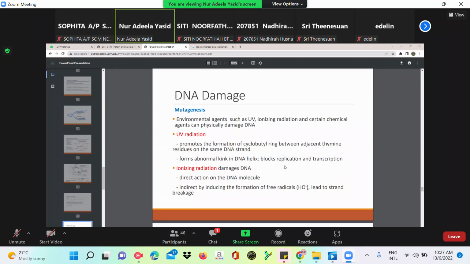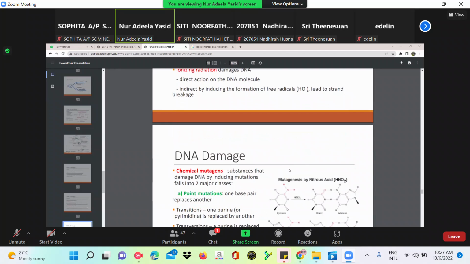Alright. For ionizing radiation, how does it damage DNA? It has a direct action on the DNA molecule. So it can damage the DNA molecule directly, or indirectly by inducing the formation of free radicals that lead to strand breakage. We can see that each factor has a different mechanism of damaging DNA.